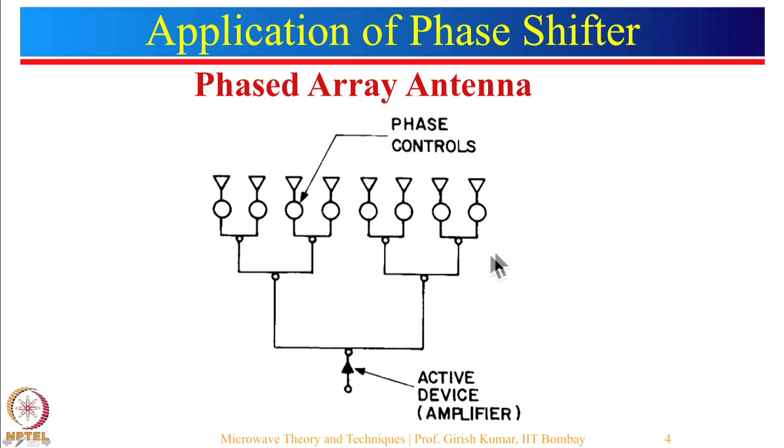Now, when all these phase shifters are exactly at the same value, in that particular case all these antennas will be fed with same amplitude and same phase. So, then the radiation will be in the broadside direction.